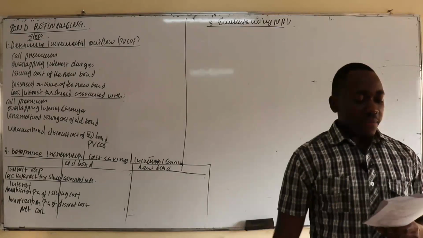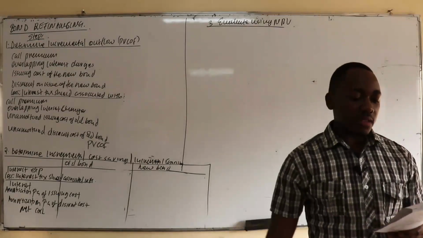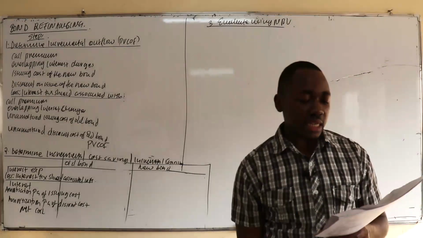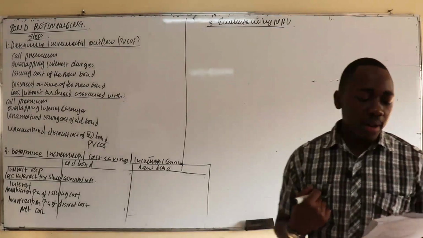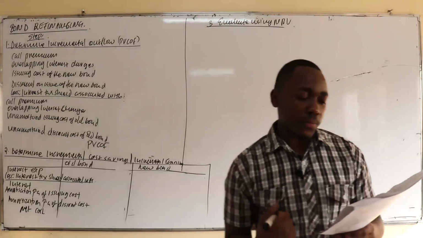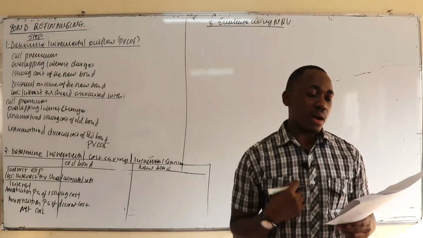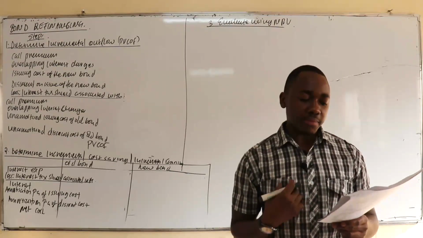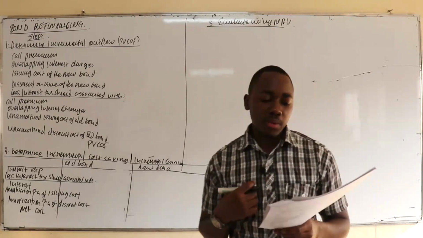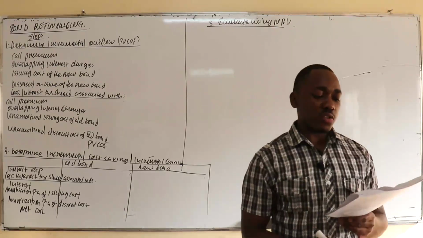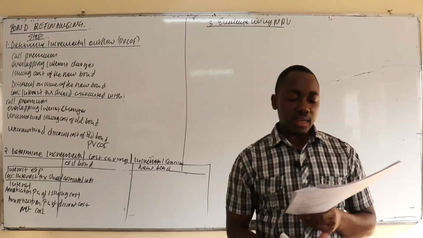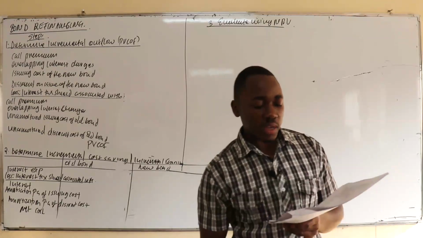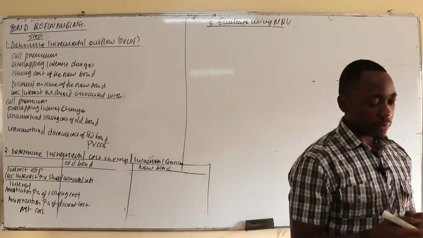A financial analyst engaged by the company to assess the possibility of refinancing the debt reports that a new 100 million par value, 12% 5-year bond can be issued by the company. Issuing cost of the new bond will be 5% of the par value, and a discount of 3% will have to be given to attract investors.